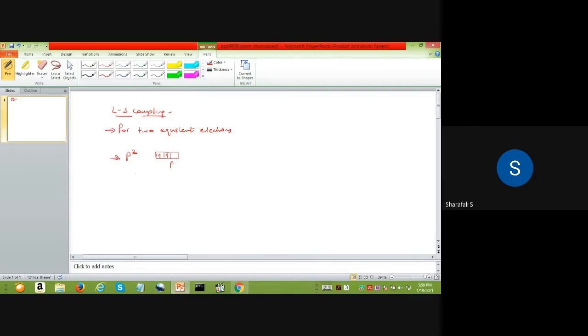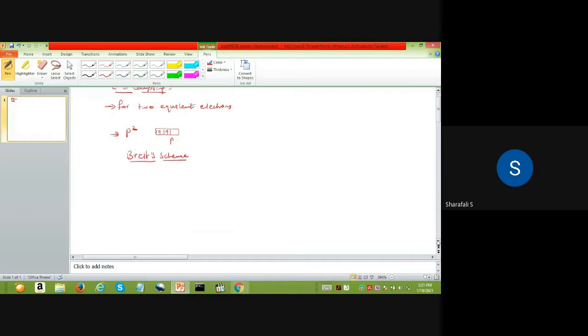Now, in this kind of scenario, we have to use a different scheme to calculate the LS coupling or the corresponding spectral terms. The scheme is called the Breit scheme. In this Breit scheme, we have to arrange the ML values.